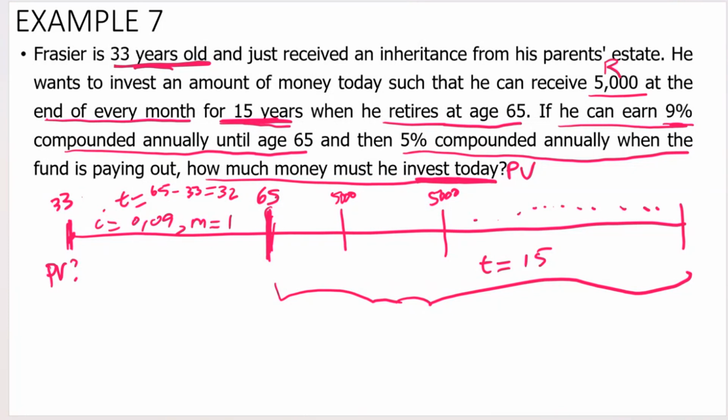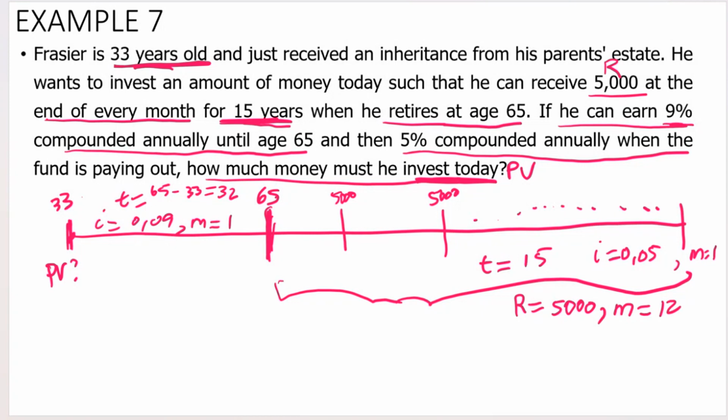Okay, and another thing that you are told about this period is that your i during this period is equal to 5%, and it is compounding annually. But now the payments are being made each and every month. So now you've got your payments of 5,000, and they are compounding monthly.